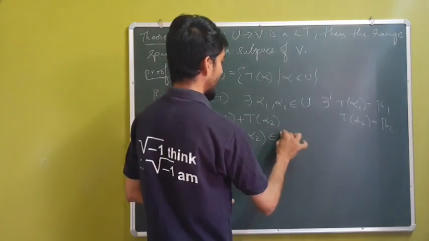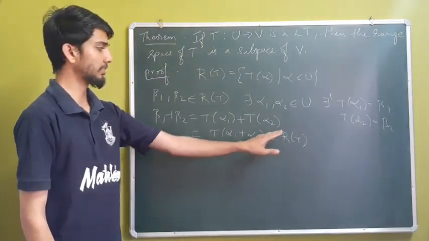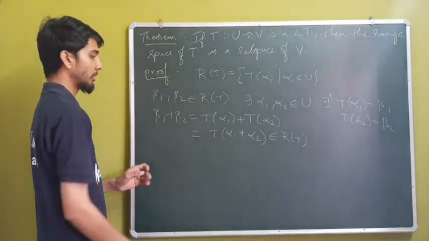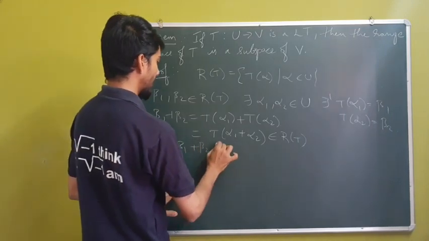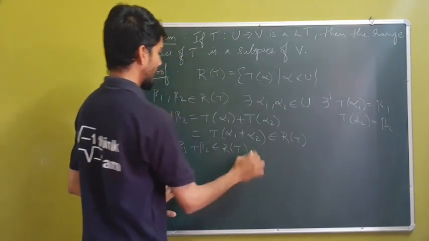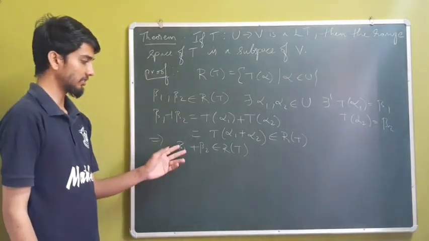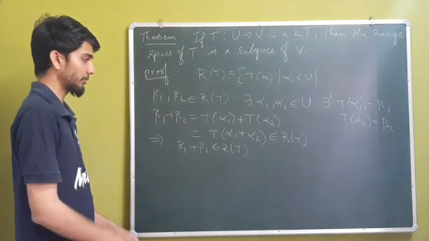So this is an element of range space. T of alpha 1 plus alpha 2 is an element of range space. So since this is equal to this, we clearly have this implies beta 1 plus beta 2 belongs to the range space. So taking any two elements and adding them, we showed that again the resulting element is in the non-empty subset R of T.